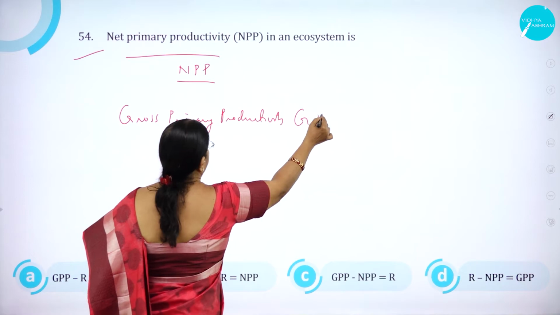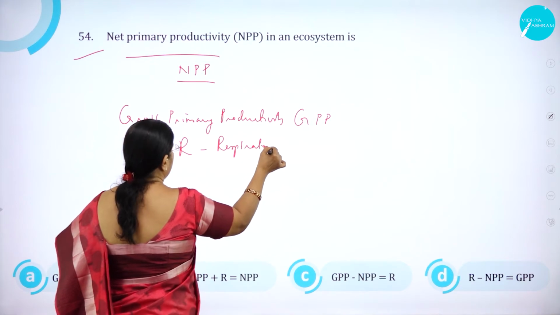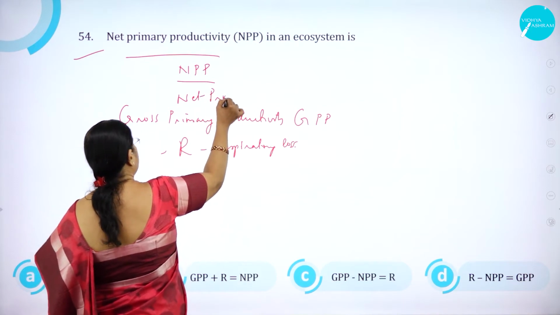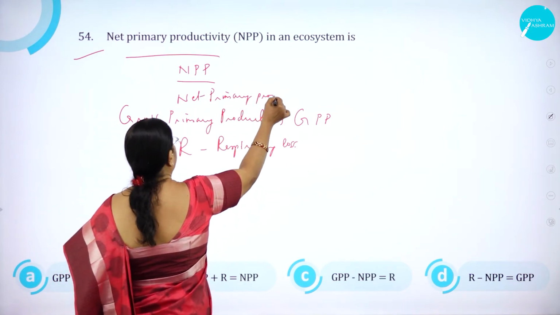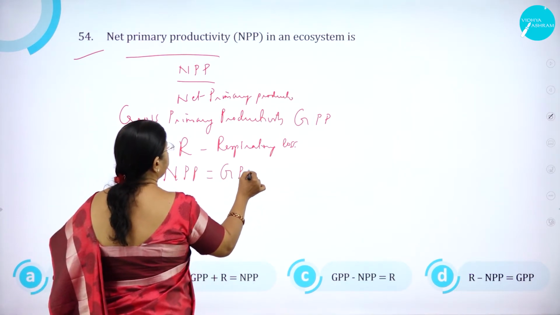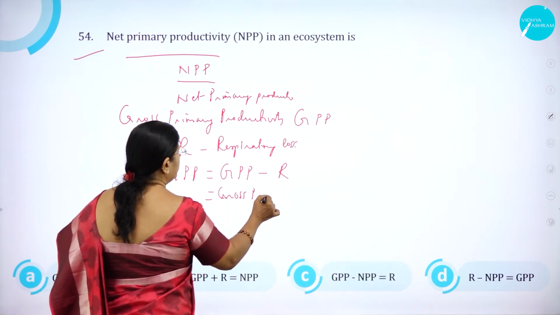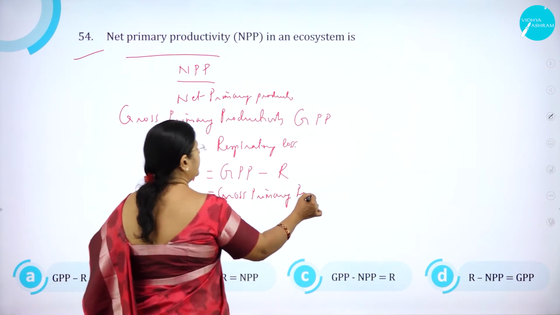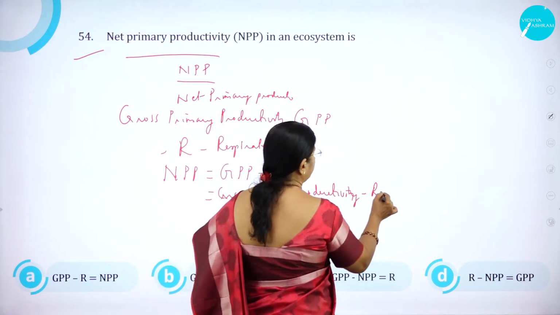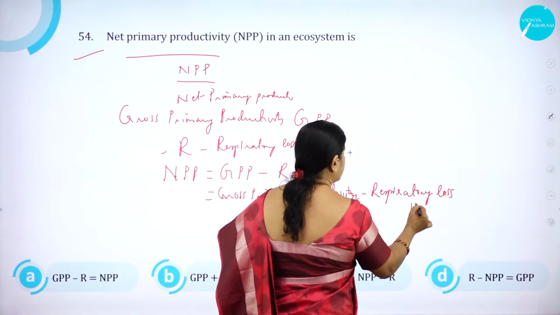That is GPP. Then R is the respiratory loss. NPP is net primary productivity. So NPP is equal to GPP minus R, that is gross primary productivity minus respiratory loss.